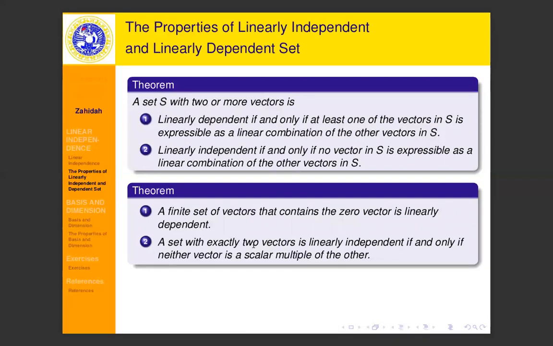A set with exactly two vectors is linearly independent if and only if neither vector is a scalar multiple of the other. If you have a vector that is a scalar multiple of the other, it means the two vectors are linearly dependent.